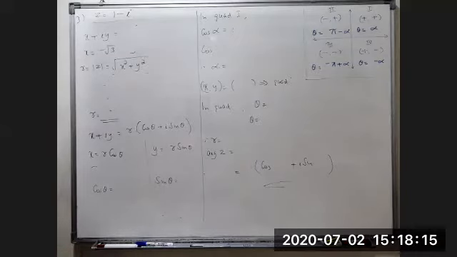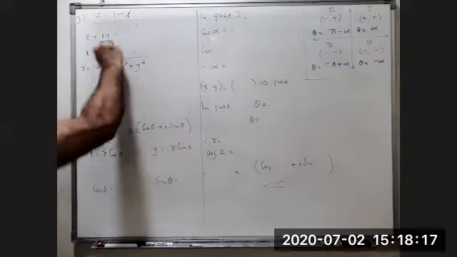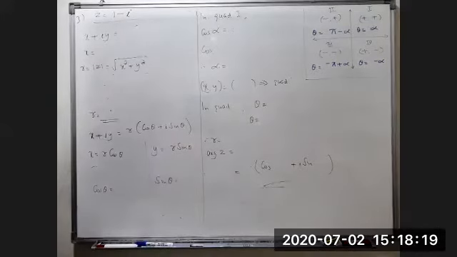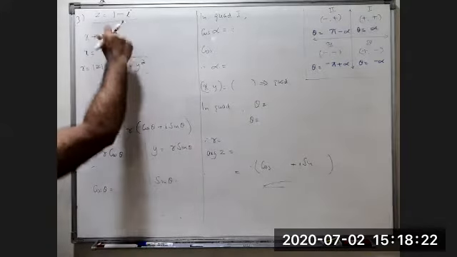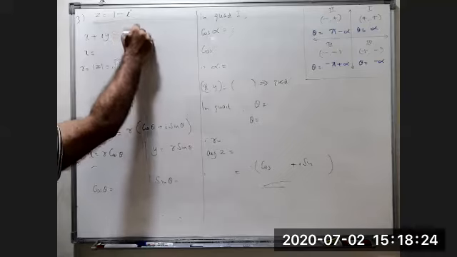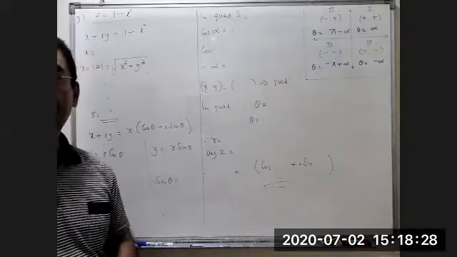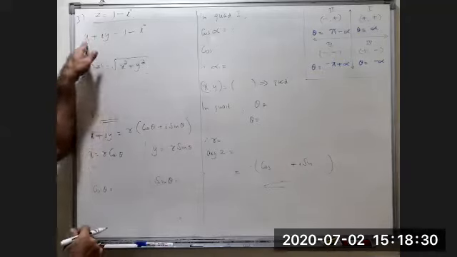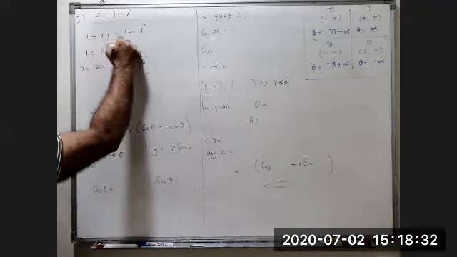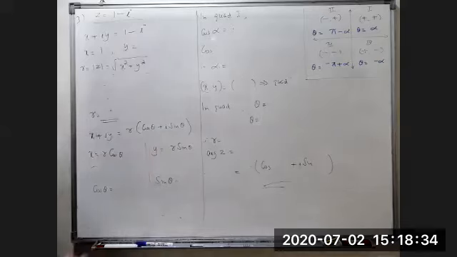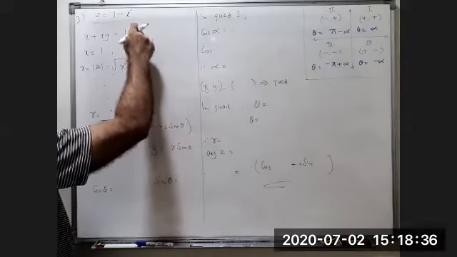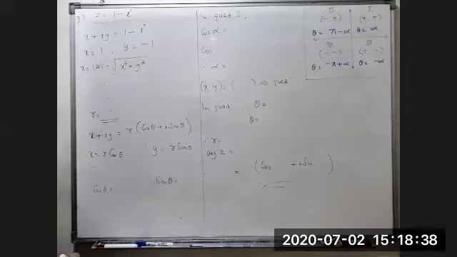Write the x and y. Here x plus iy is 1 minus i. It's very easy to write x and y. x is 1, y is minus 1, because the coefficient is minus 1.